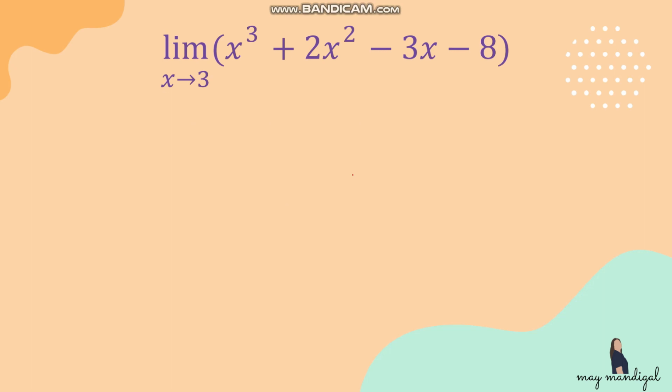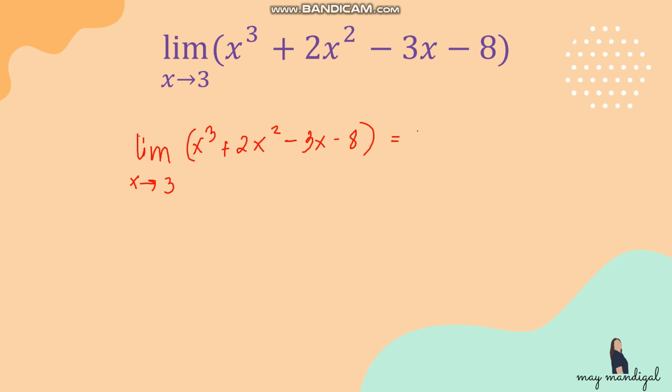Now let's evaluate more examples here. Let's try to evaluate the limits of the following. So first one, let's try to evaluate the limit of x cubed plus 2x squared plus 3x minus 8 as x approaches 3. Since in this case, as you can see, the given function to us is just a polynomial. So therefore, we can already get the limit of this by substituting the value of c into our function itself.